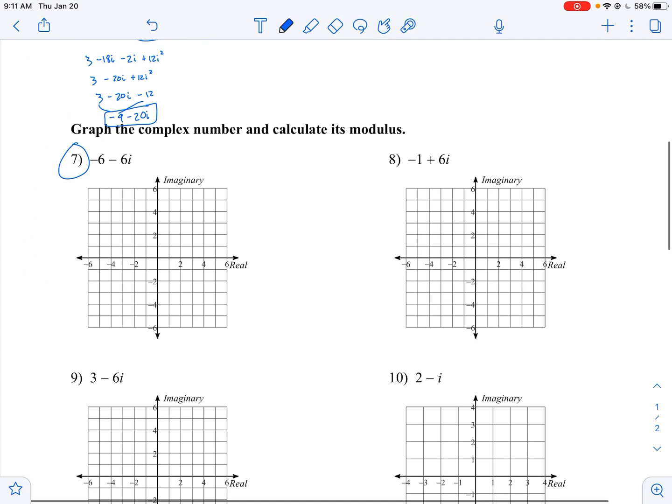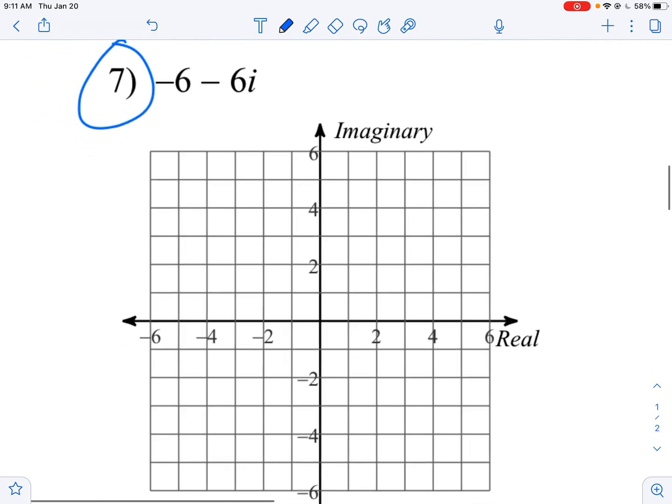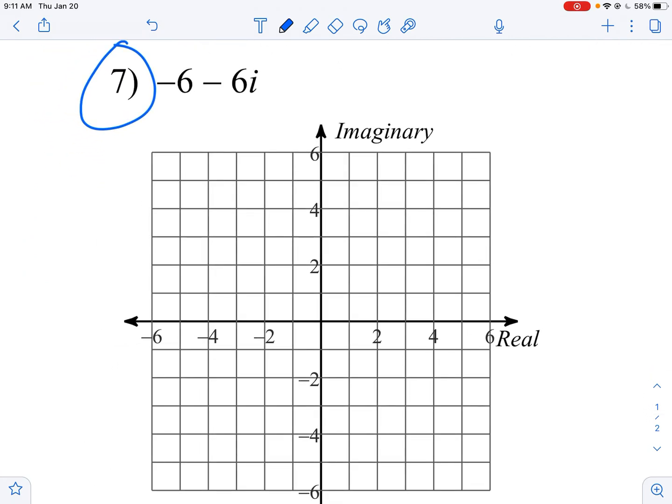And the other thing to remember about complex numbers is that you can graph them. The way the graphing works is each complex number has a real part and an imaginary part. You graph the real horizontally and then the imaginary vertically. So this complex number, -6 minus 6i, is almost like the point -6, -6.